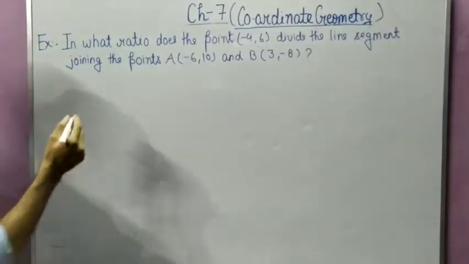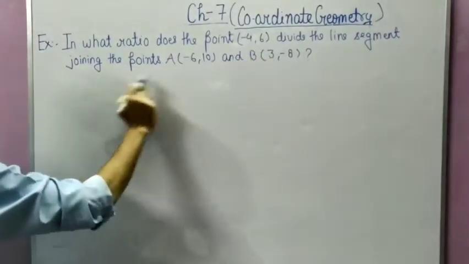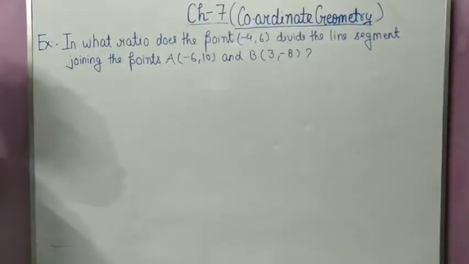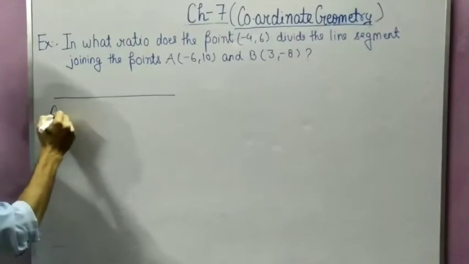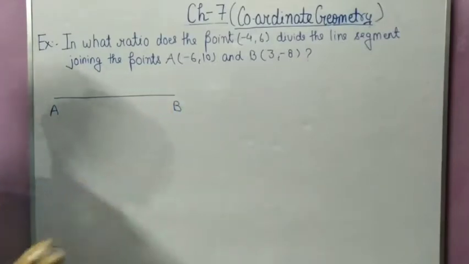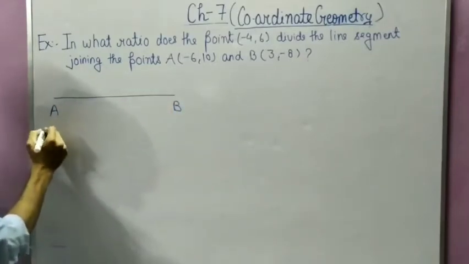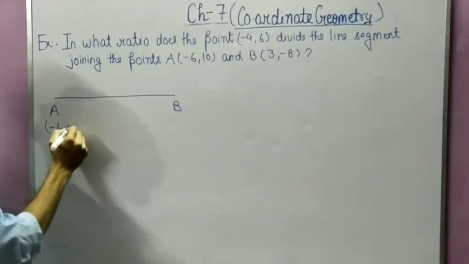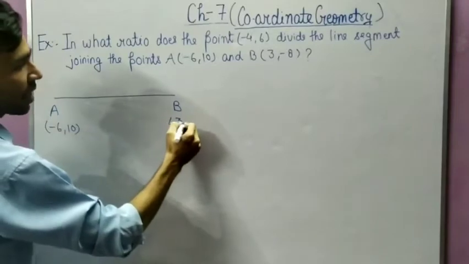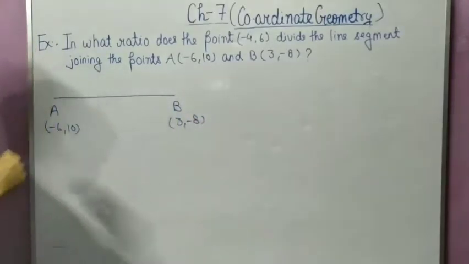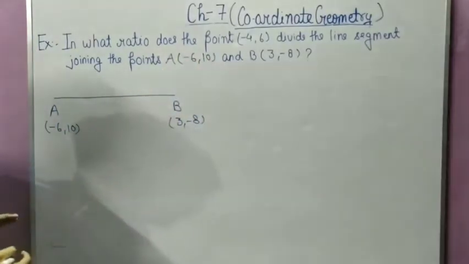See, the line segment joining the points A and B. So first we have to draw a line segment. Suppose it is AB, a line segment, and the coordinate of A is (-6, 10) and the coordinate of B is (3, -8), and there is a point (-4, 6).